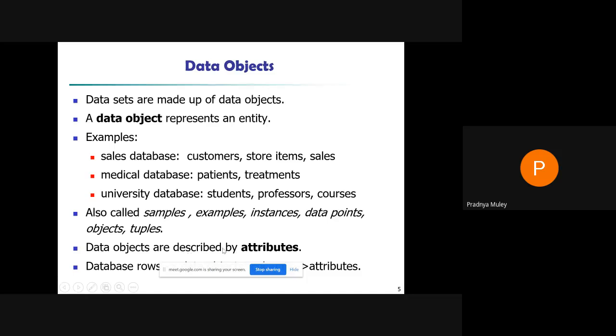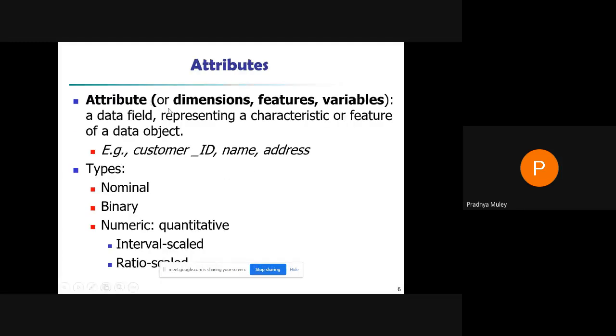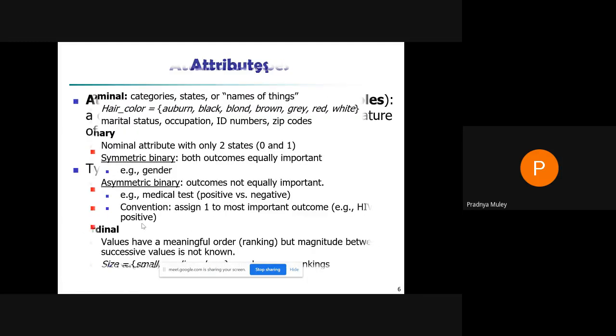Data objects are described by their attributes. Now, what are attributes? Database rows are called attributes. We have seen the types of attributes: nominal, binary, numeric, and ordinal.